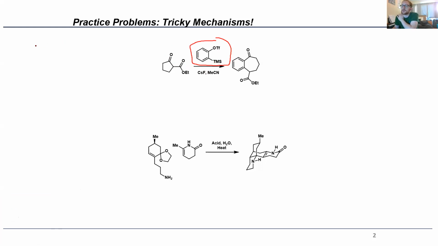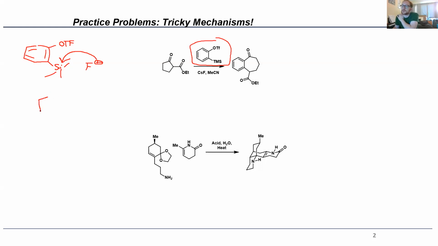If we recall how we can form benzyne in the presence of fluoride salts, a fluoride anion can attack silicon.